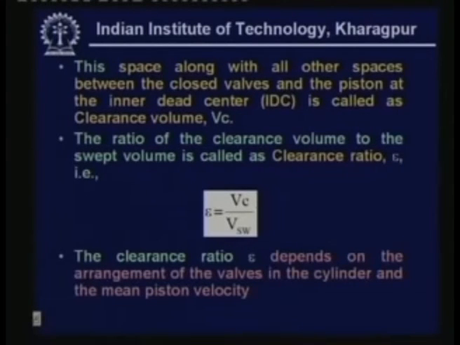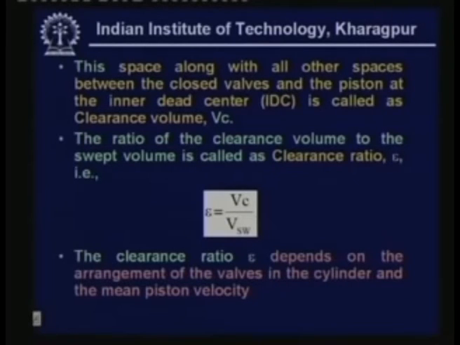And this space, along with all other spaces between the closed valves and the piston at the inner dead center, is called the clearance volume. So the clearance volume is not just the space between the closed valve and the piston, but all other spaces when the valves are closed. All these spaces are known as clearance volume Vc, and the ratio of the clearance volume to the swept volume is called the clearance ratio epsilon.